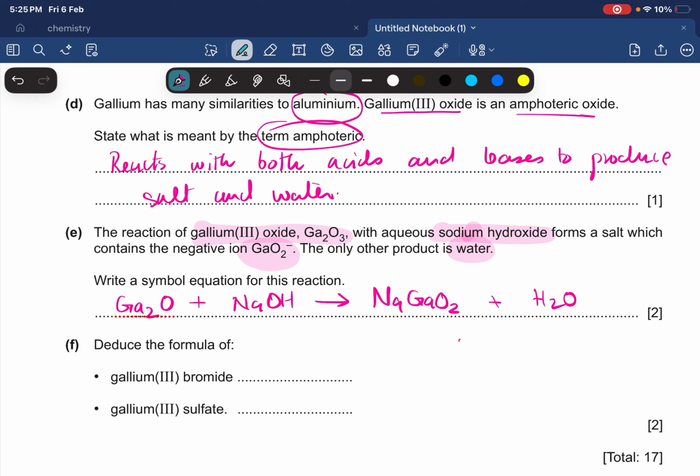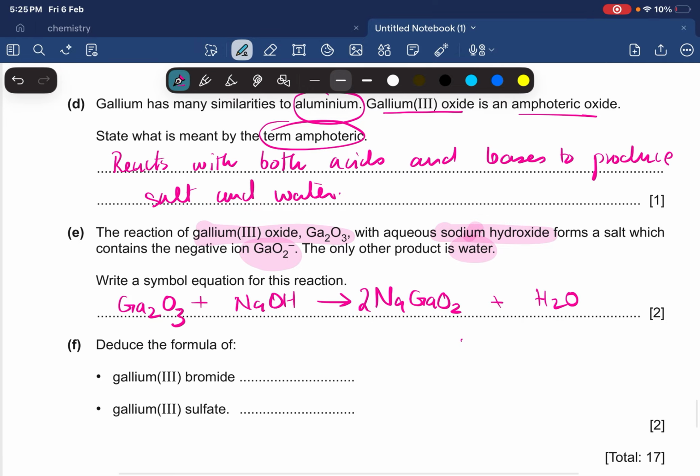Now you've got to realize one thing: is this equation balanced or not? No, we need 2 over here. We've got to balance out the galliums, Ga2O3. Now we've got to balance the waters as well.